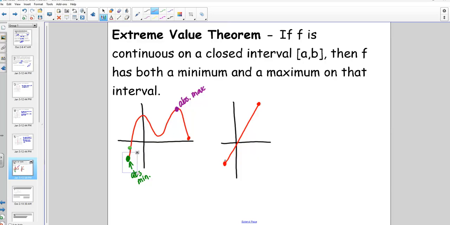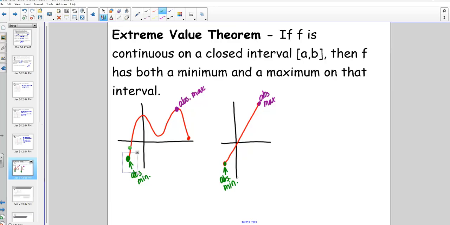But if it's on a restricted domain from A to B, do we have a highest point? Yes, it's right here. There's our absolute maximum. And do we have a lowest point on this graph? Right here, here's our absolute minimum. It's kind of a boring one, right? But you still have a highest and a lowest.